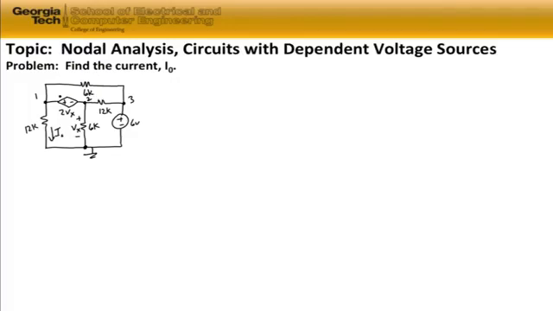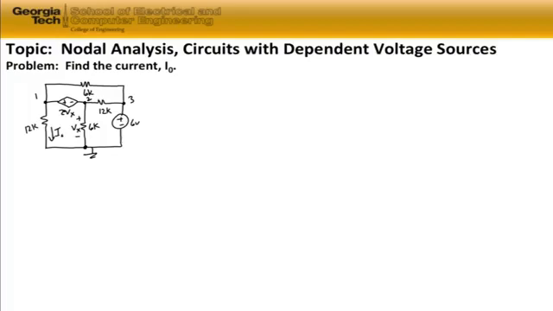So we'd have the current flowing up through the 12 kilo ohm, the current flowing downward through the 6 kilo ohm, and the current flowing right to left through the voltage source. This current through the voltage source would introduce an additional unknown variable, I sub 2 V sub x.